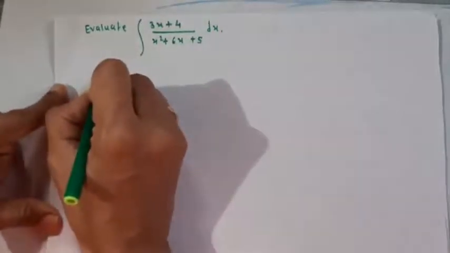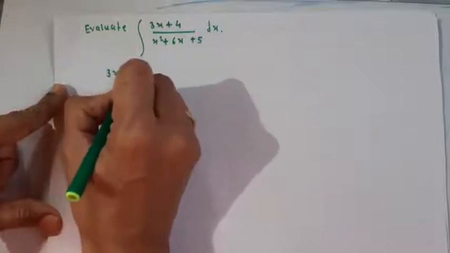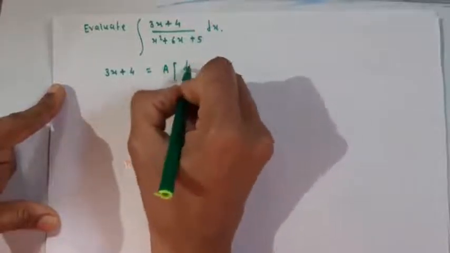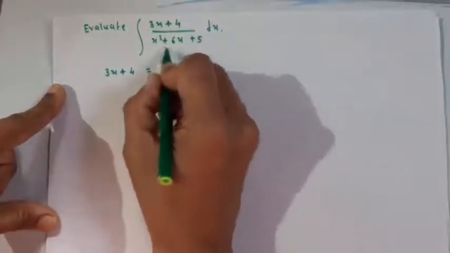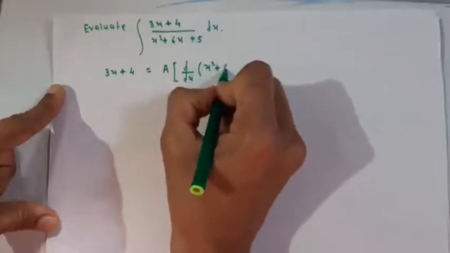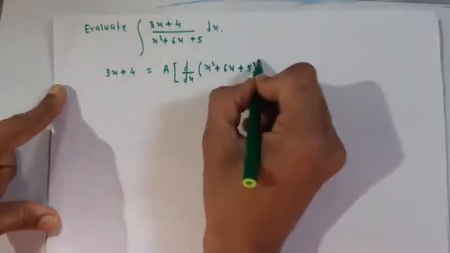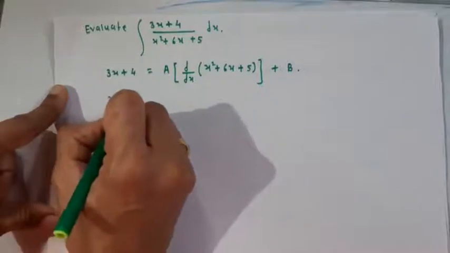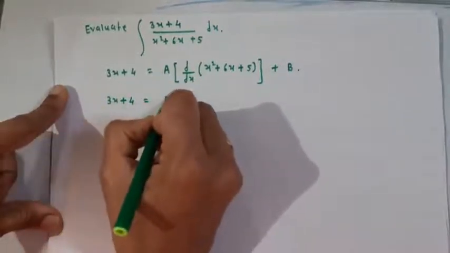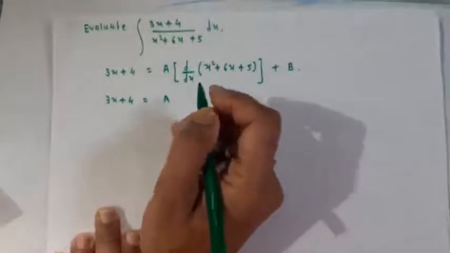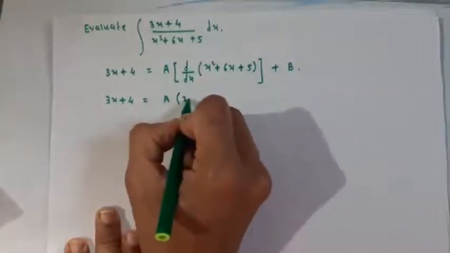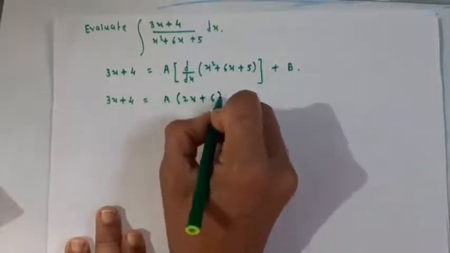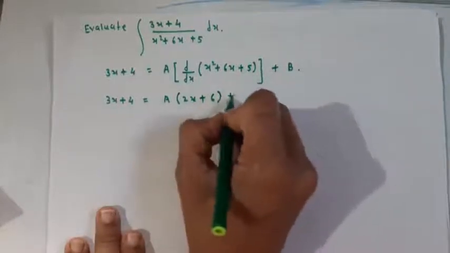So express the numerator, 3x plus 4, equal to a into the derivative of the denominator, the derivative of x square plus 6x plus 5, plus b. Now 3x plus 4 equal to a into 2x, since the differentiation of x square is 2x, the differentiation of 6x is 6, the differentiation of 5 is 0, plus b.